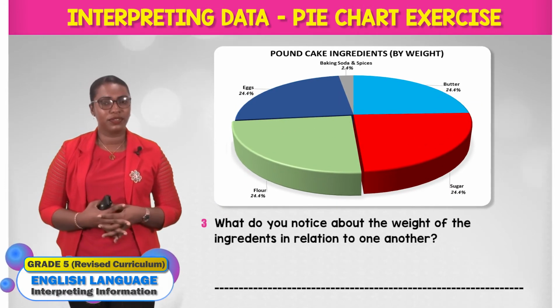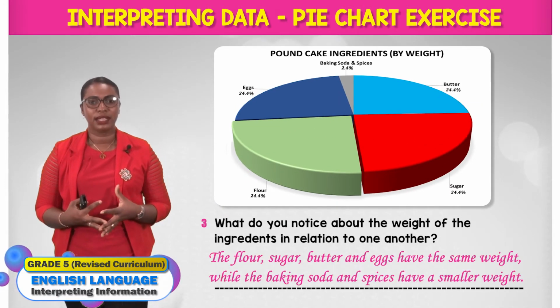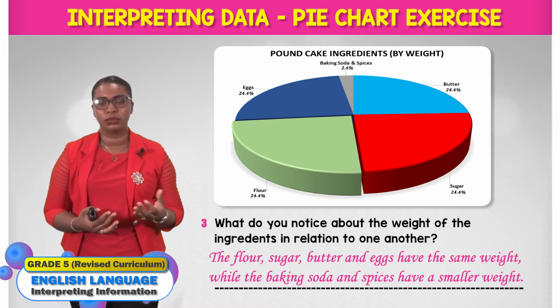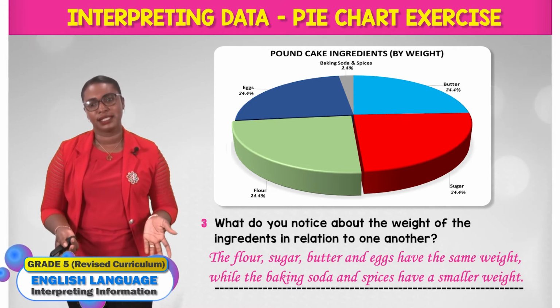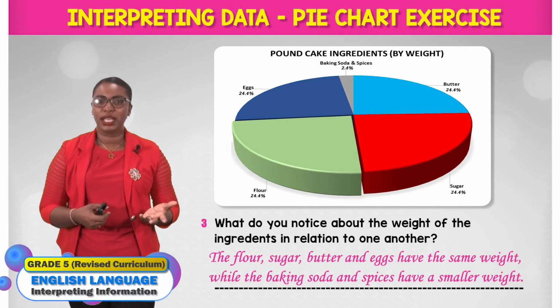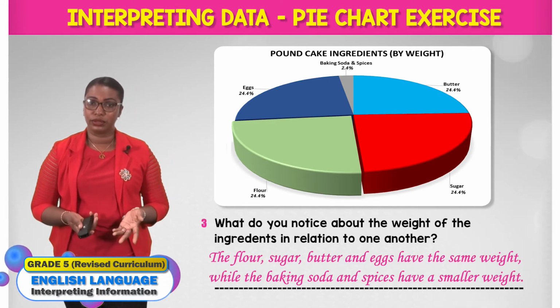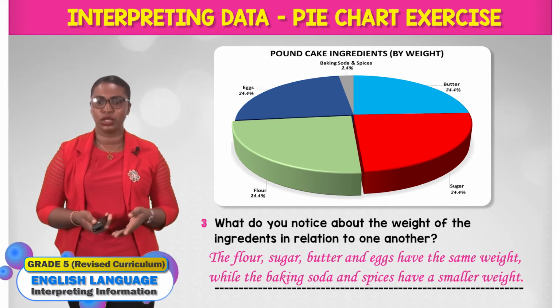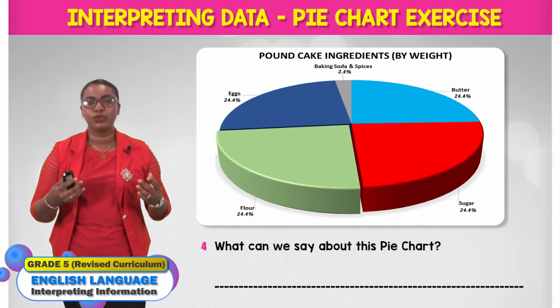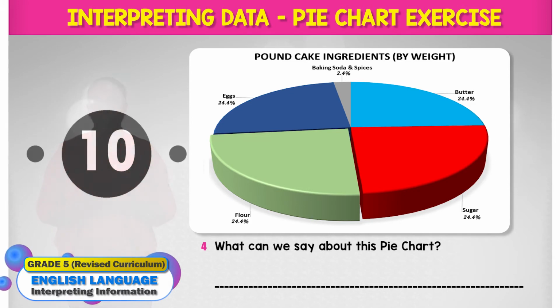As we said also before, you will see that the flour, the sugar, the butter, and the egg have the same weight, while the baking soda and the spices have a smaller weight or are used in a smaller amount. Now, what can we say about this chart?